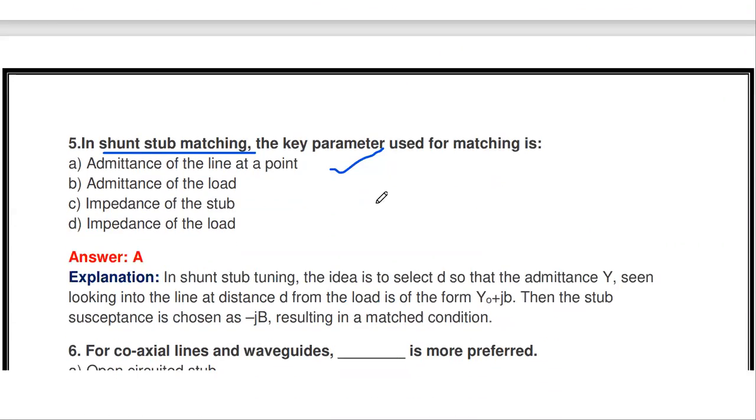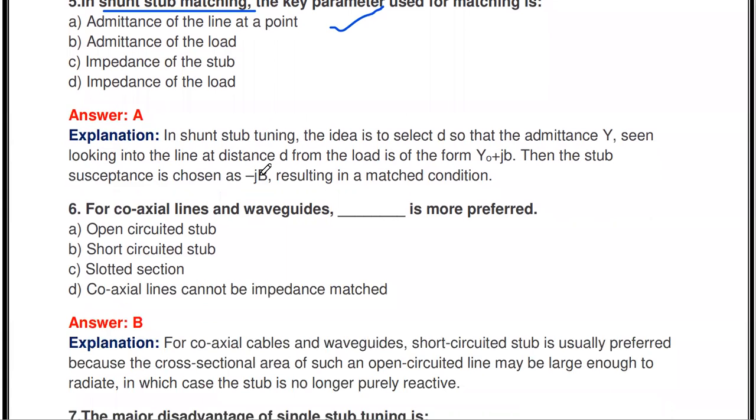Similarly, for shunt stub matching, the key parameter is admittance. So just remember it: series stub matching uses impedance of the transmission line at a particular point, and shunt stub matching uses admittance of the line at a particular point.